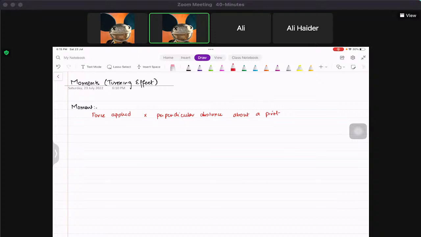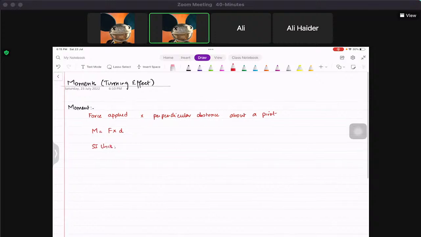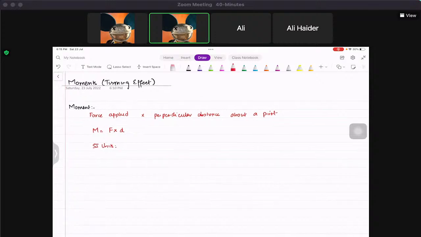Now, moment's formula would be M equals force times the perpendicular distance. The SI units for moments are Newton meters.